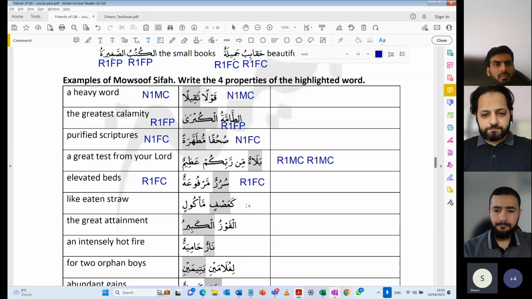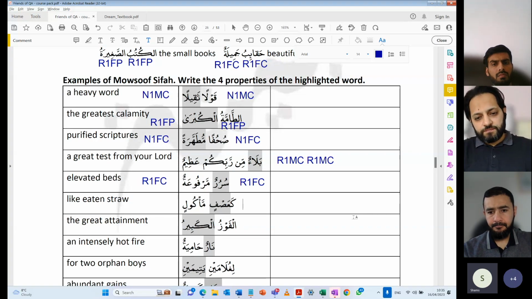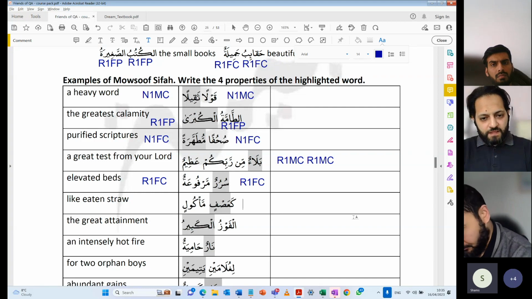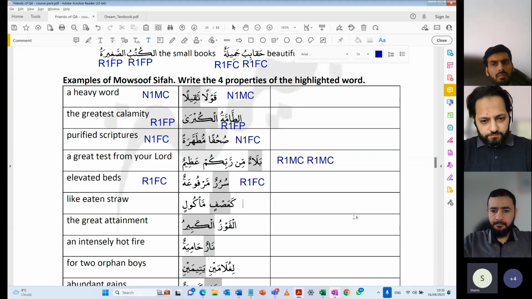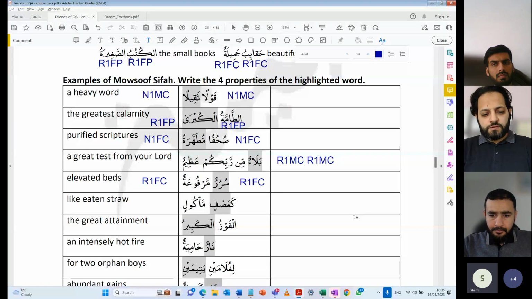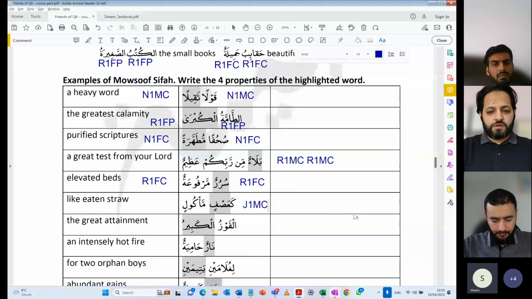Okay. All good, Fahad. Exactly. Ka'asfin. Ma'kul. Jar, singular, masculine, common. Yes. And ma'kul would also be jar, singular, masculine, common. Four properties match.